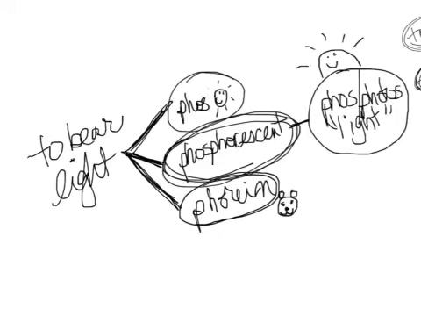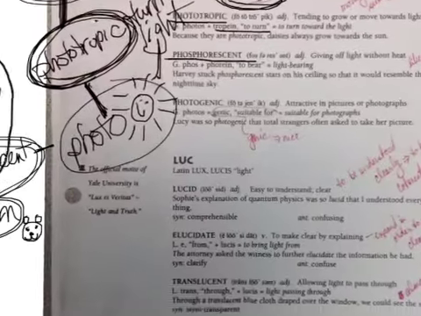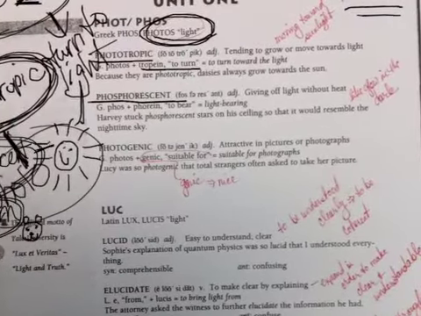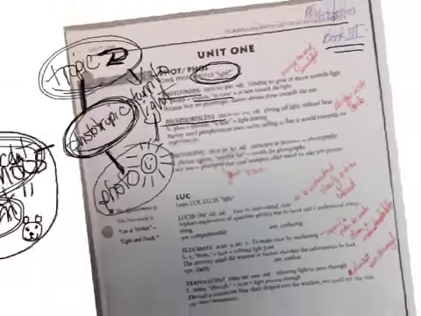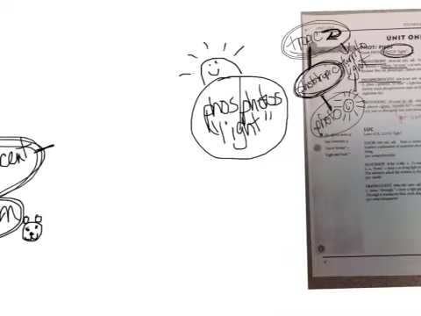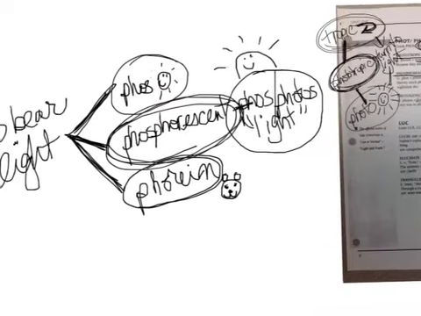Okay, now let's check ourselves. I'm going to move this over a little and blow this up. And see where it says giving off light without heat. Does that fit what we've already come up with? Yes.